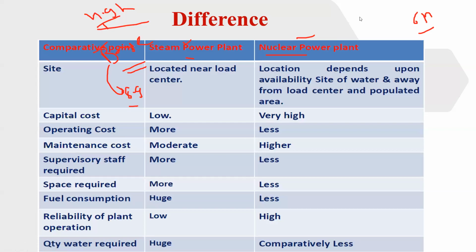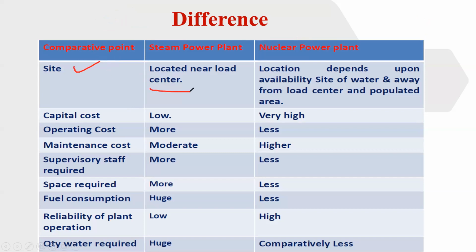So here I mention some points. Just give some attention here. Depending upon the site, whether it is located near the load; depending upon the capital cost, whether it is low or very high; then operating cost, then maintenance cost, then staff, then fuel consumption, then quantity of water required.